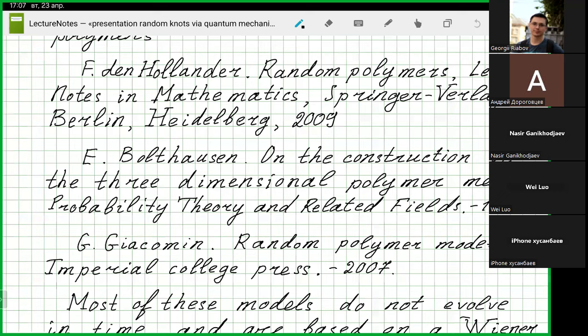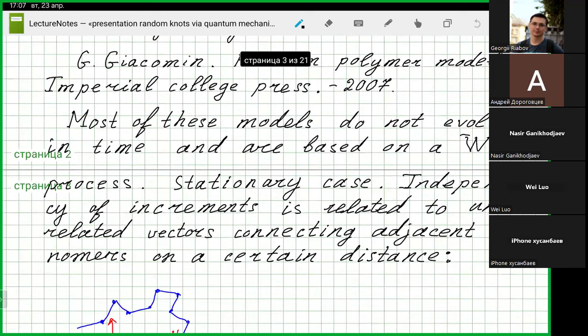Van der Hofstad, random polymers; Bolthausen, construction of three-dimensional polymer measure. This is a well-known paper. And Giacomin, random polymer models. Let me say again that most of these models do not evolve in time and are based on a Wiener process. Why are they based on the Wiener process?